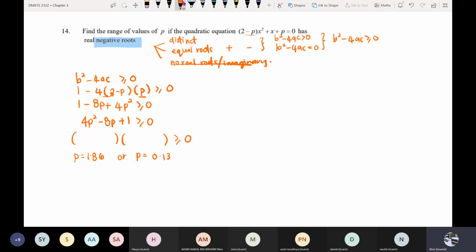Okay. So tak apa. P minus 1.86, P adalah 0.13. And the range kan. Okay. Sayang sebab dia nak range, dia bukan nak the exact values of P kan.